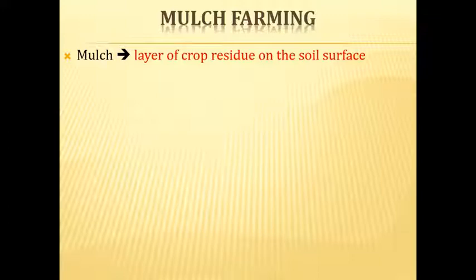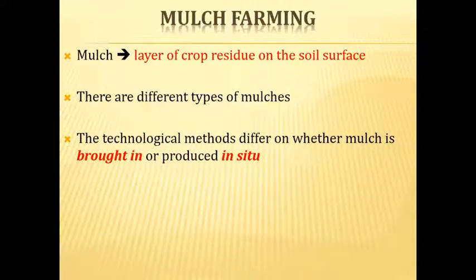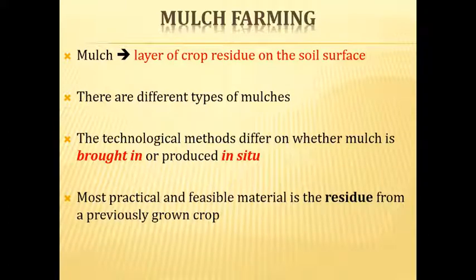The technological methods of mulch farming differ on the basis of whether mulch is brought in or produced in situ. Although a wide range of materials is used as mulch, the most practical and feasible material is the residue from the previously grown crop.